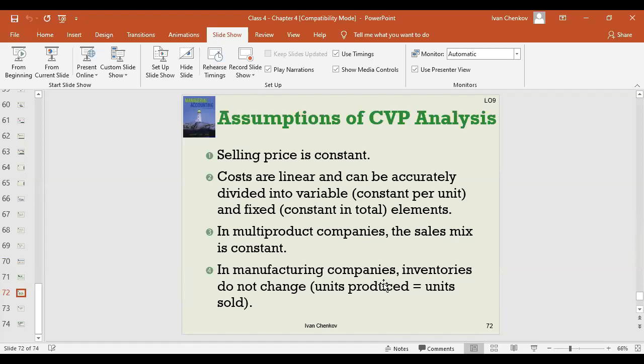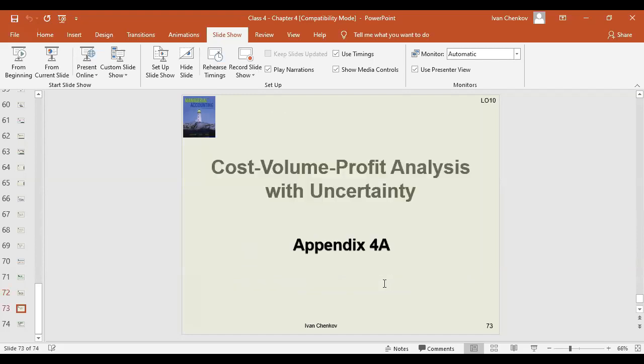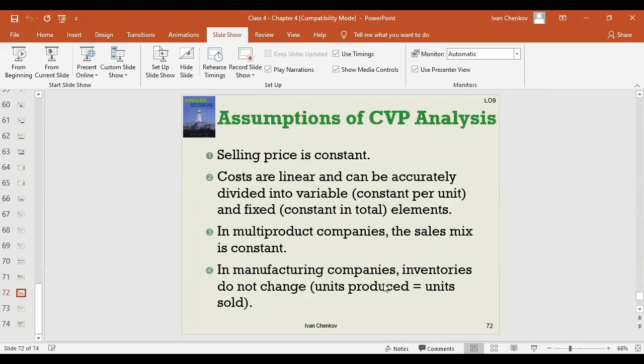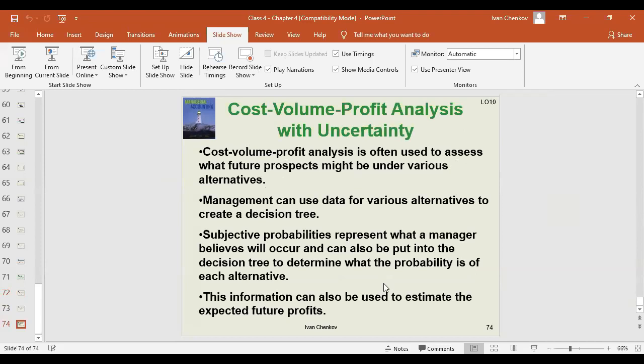We're not changing the sales mix. In manufacturing companies, inventories don't change. So we're not building inventory, we're not relieving the inventory. Whatever is produced is how much is sold. This is the simplicity. And you have cost volume profit analysis with uncertainty, but we're not going to spend time on that. Just to let you know that there's that kind of cost volume profit analysis.